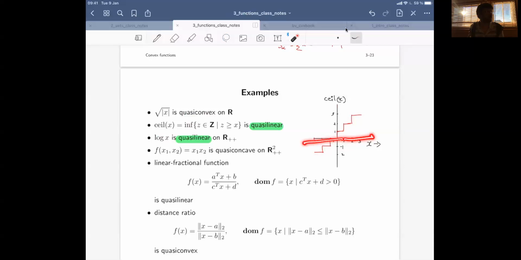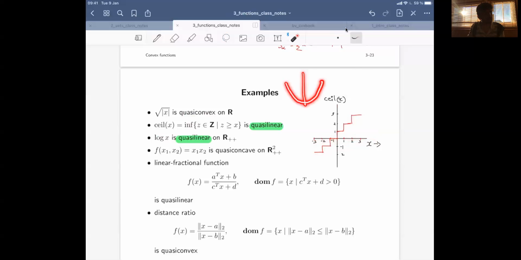What about sin x from minus pi by 2 to pi by 2? At minus pi by 2, it will have value minus 1, and at pi by 2 value plus 1.